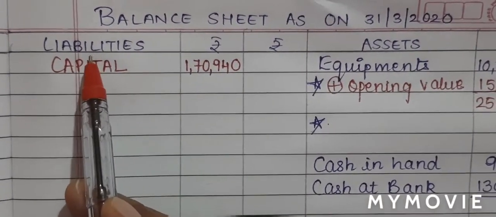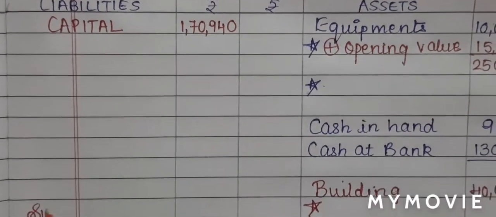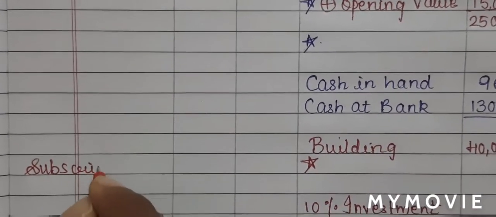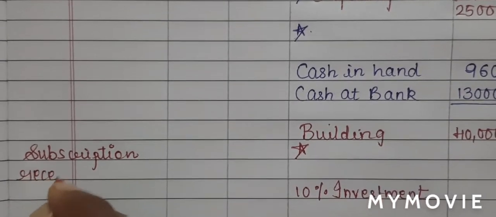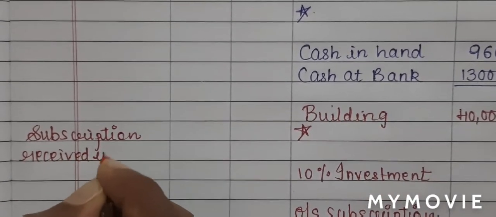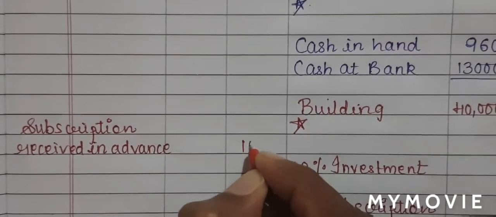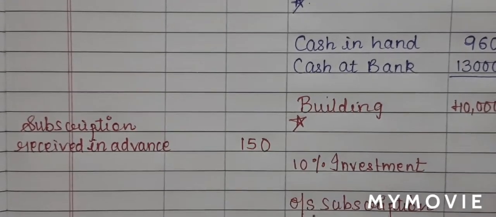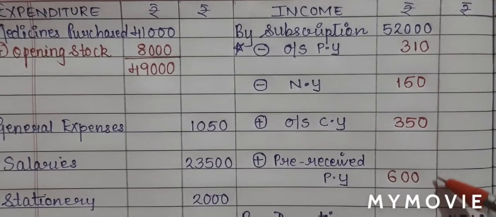So on the liability side, I will leave first few lines and then I will write subscription received in advance, 150 rupees. Now with this, students, you can see that we have completed our subscription table.